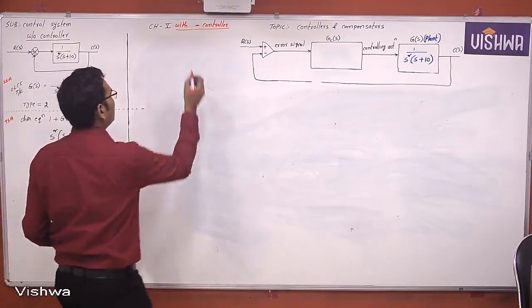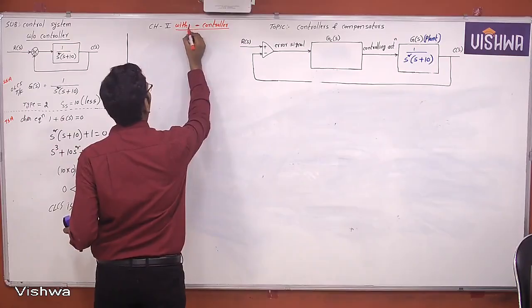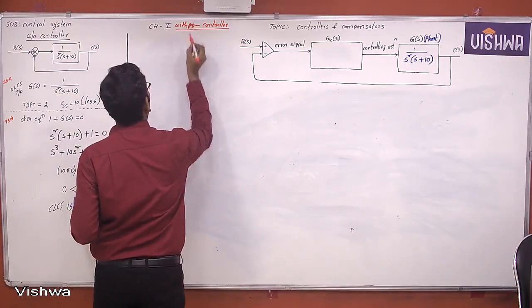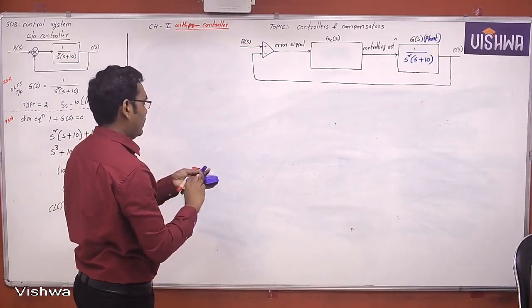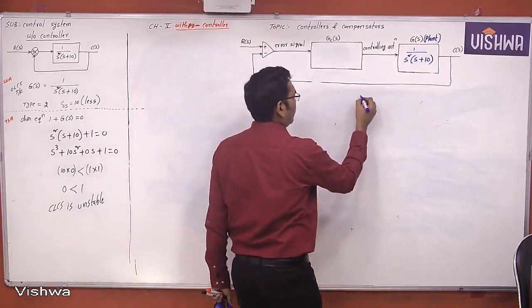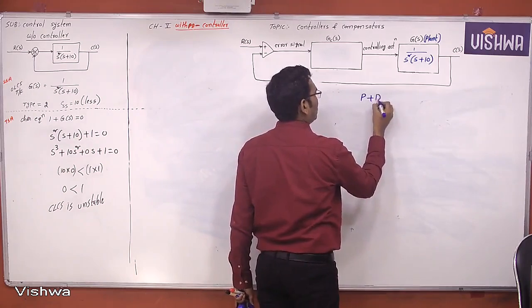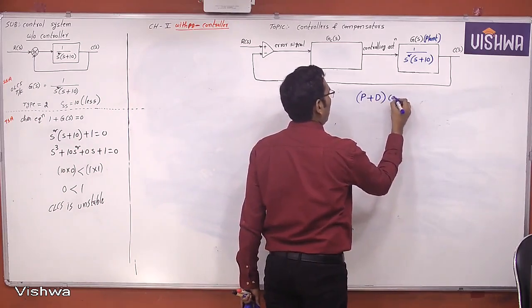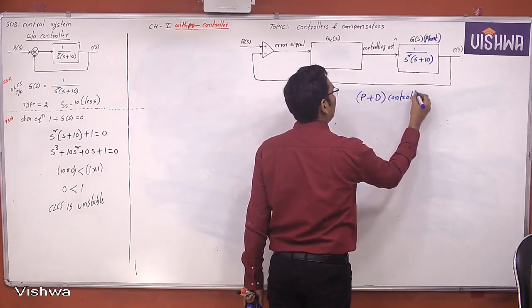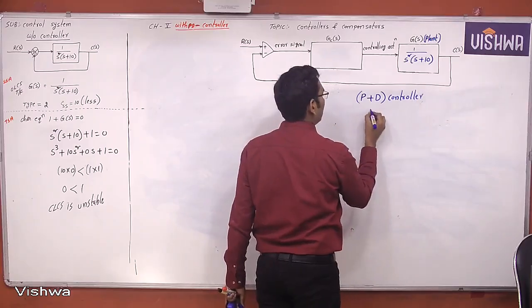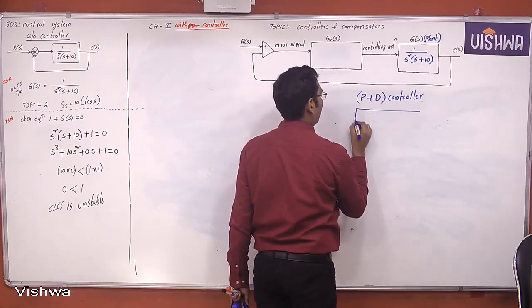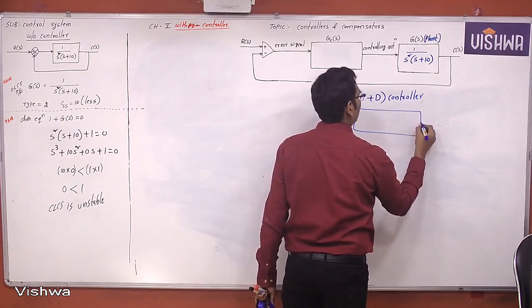So now I just take a proportional plus derivative controller, PD controller, or simply called PD controller or P plus D controller. So what is a proportional controller?